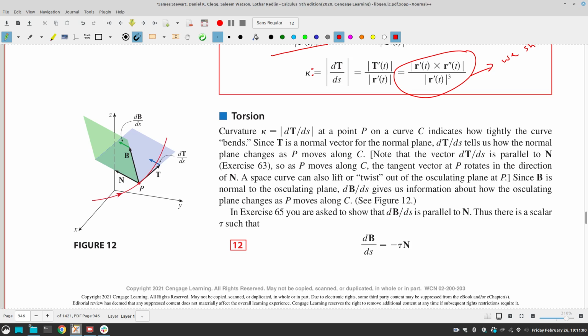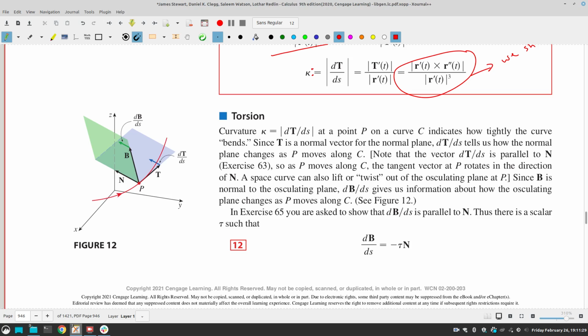Now a space curve can also twist, or it can lift out of the osculating plane. Remember I said that the osculating plane is a plane that contains most of the curve. So the space curve tends to lift off the osculating plane.